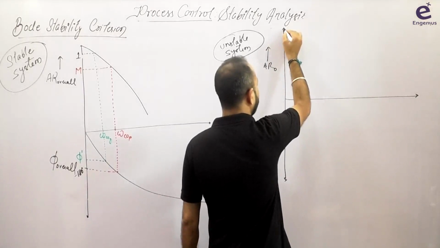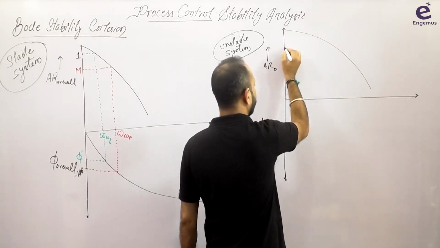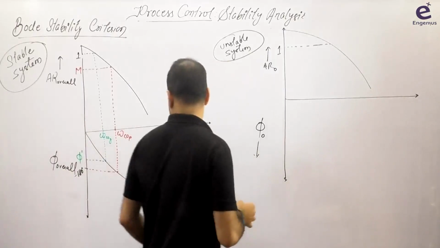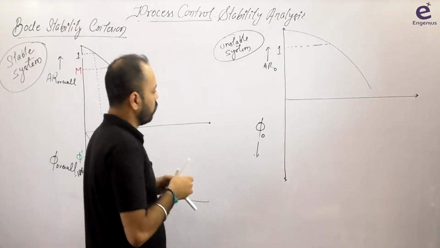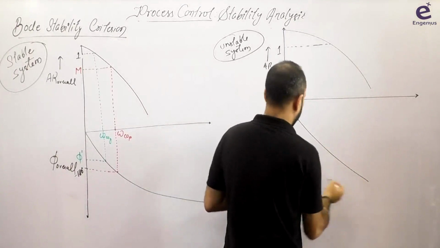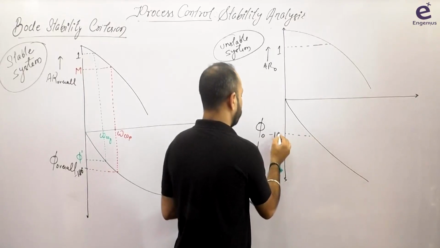So I have this graph, and let's say that this value is equal to 1. Okay. So at this value, if it is equal to 1, let me also make this graph, and let's say this value is equal to minus 180 degrees.